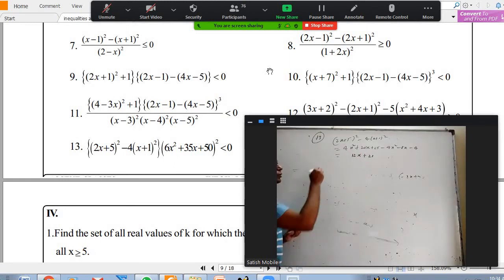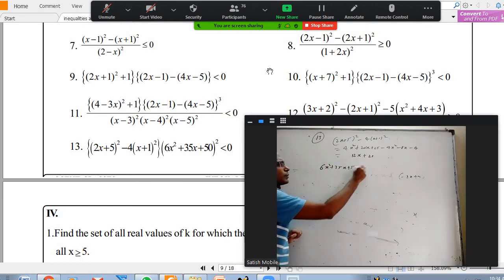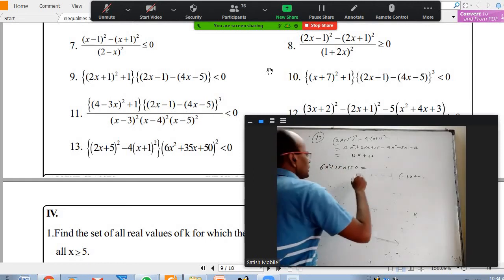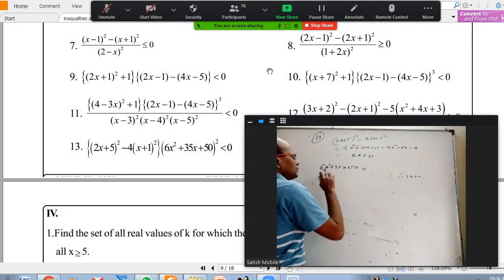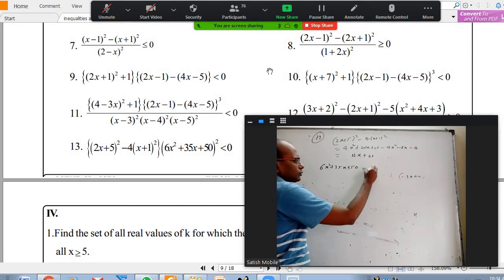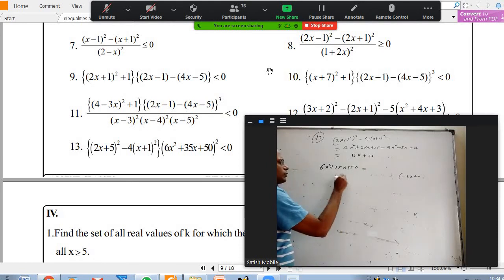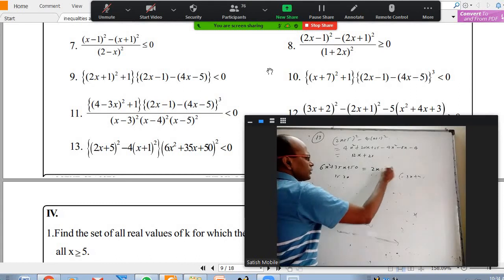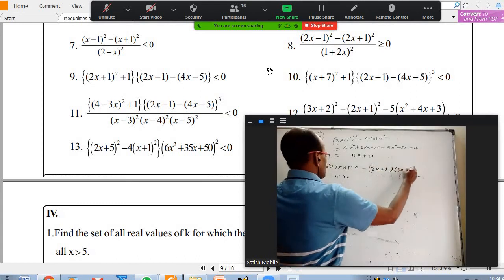Next, coming to 6x square plus 35x plus 50, it can be written as, if I write 20x and 15x, 20 into 15 is 300. If I take 3x common, I'll get 2x plus 5 into 3x plus 10.